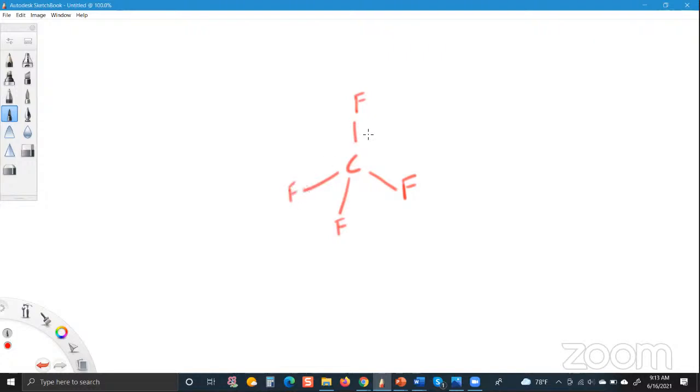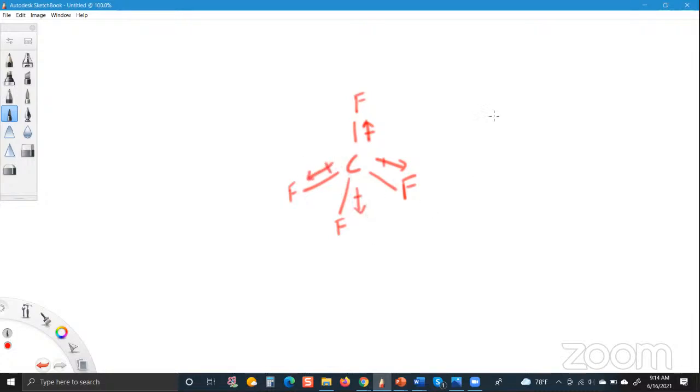It's a perfectly symmetrical arrangement. In the case of this bond, the dipole moment will be acting in that direction because fluorine is more electronegative than carbon. Same thing here, same thing here, same thing here.